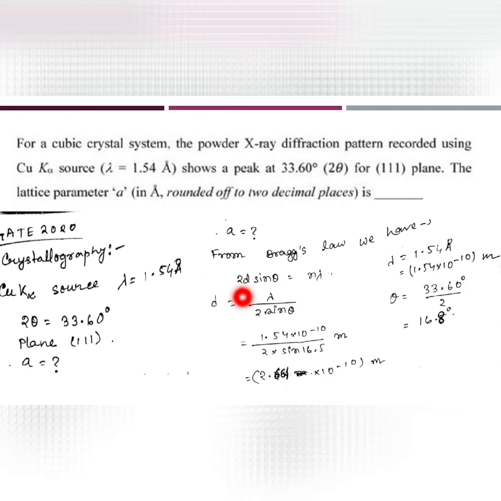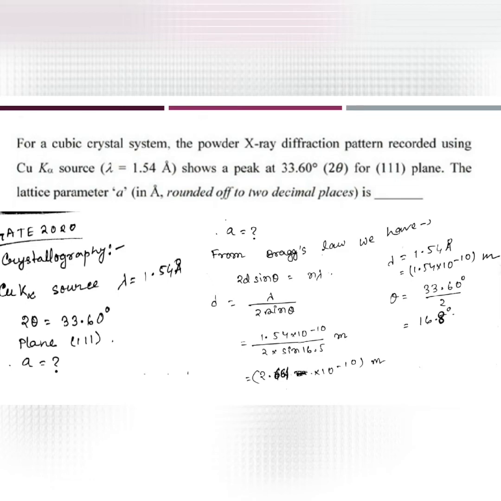We are assuming first order diffraction, that's why we are taking n is equal to 1. Now by taking n is equal to 1, d will be lambda by 2 sin theta, and all values are given, the value of lambda and the value of theta.